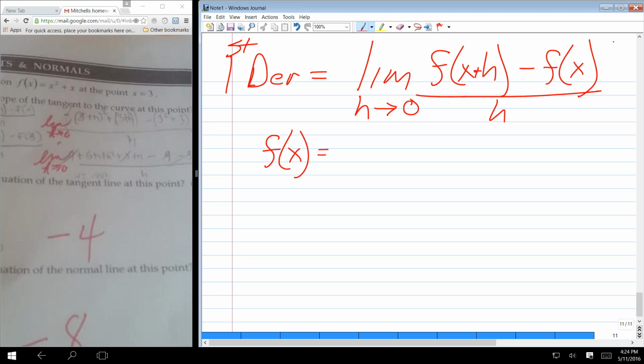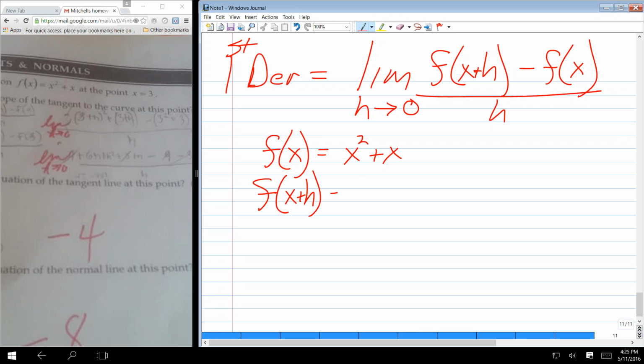In other words, we're going to need f of x, and we're going to need f of x plus h before we can do anything. So let's figure out what both of those things are. F of x is what? X squared plus x. What's f of x plus h?